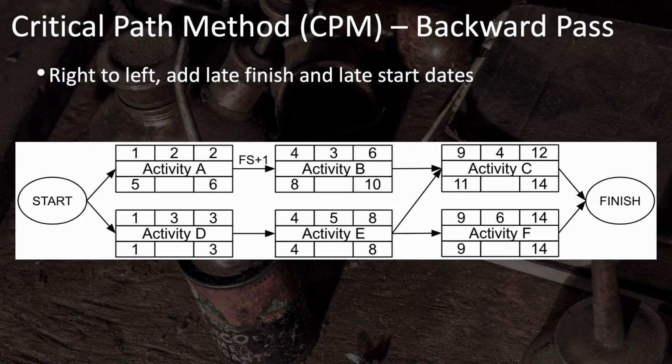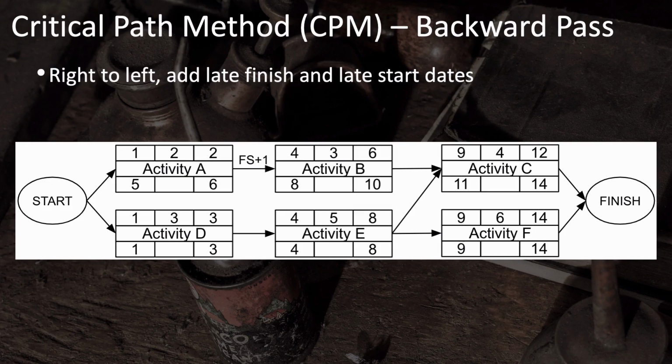Its early start and late start are the same. Its late finish and early finish are the same. So that one has no slack to it, no buffer. Activity C, on the other hand, has a couple of days worth of leeway that you can play with in your schedule. You keep doing this process moving backwards from right to left.